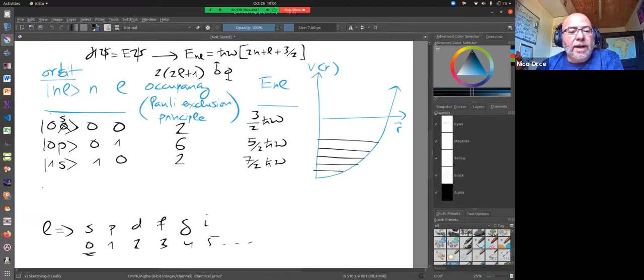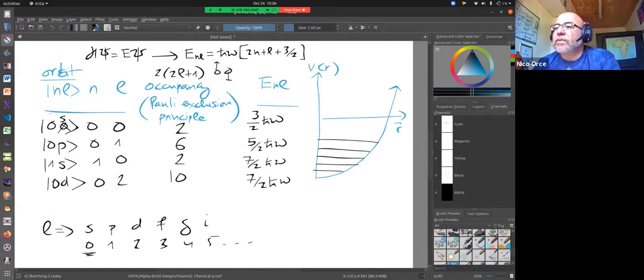And then we can keep going and look at the 0d, which is 0 here, but now d is 2 here, right? So 2 plus 3/2 also is 7/2. But in the occupancy, for this 0d, we have 2 times 2, 4, plus 1 times 2, 10, right?